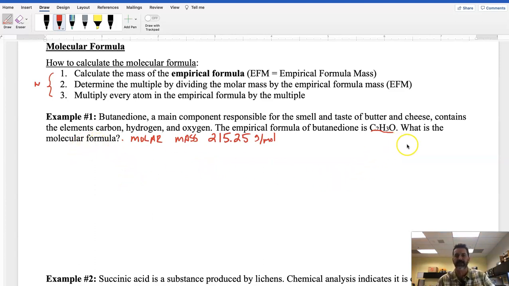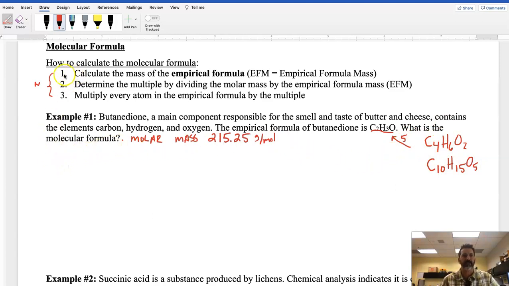So it's going to be some sort of multiple of that. If it was a multiple of 2, it might be C4H6O2. Maybe it's a multiple of 5, so maybe it's C10H15O5. It's going to be some sort of multiple. We just need to figure out what that is.